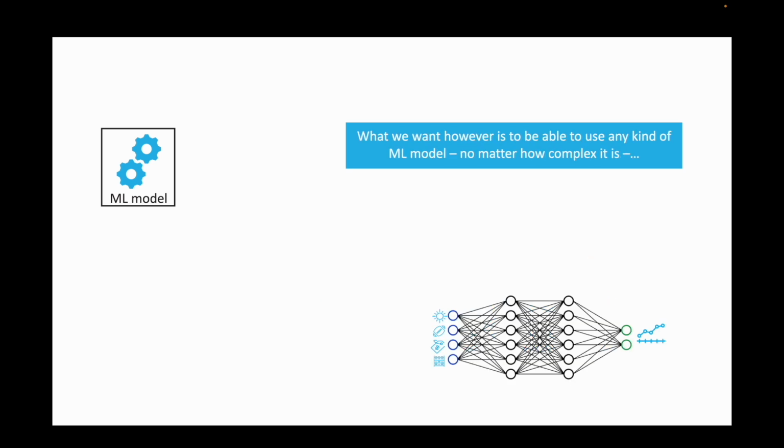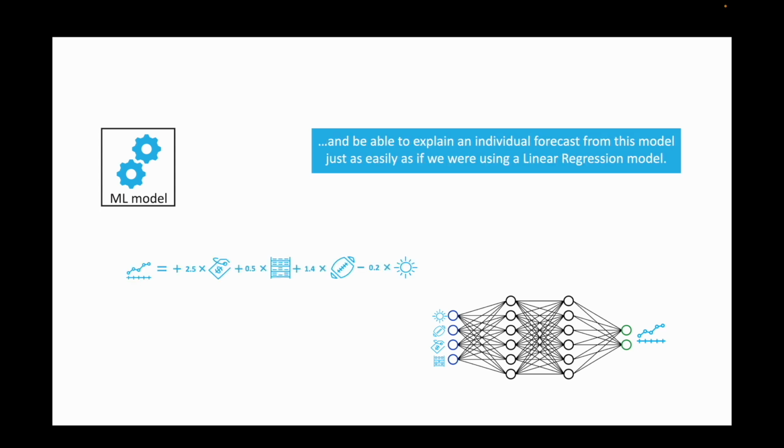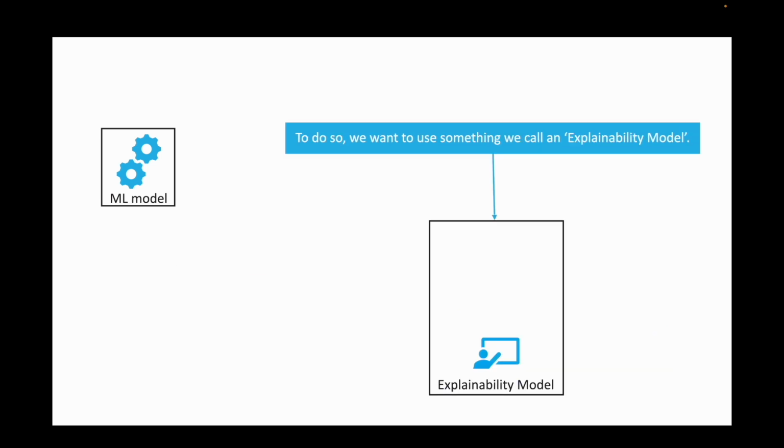What we want, however, is to be able to use any kind of machine learning model, no matter how complex it is, and be able to explain an individual forecast from this model just as easily as if we were using a linear regression model. To do so, we want to use something we call an explainability model. An explainability model is an interpretable approximation of the original model.